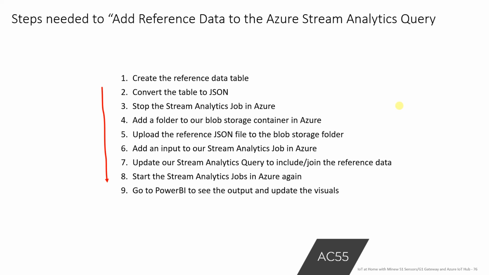Then we need to create and add a new input source into our stream analytics job in Azure. Then we need to update the query so that we can make the join between the streaming analytics dataset and the reference dataset. Then we need to restart the stream analytics job again, and then go over to Power BI and do the necessary tweaks so we can use the new reference data in our visuals. So please tag along as we go through all of these 9 steps.